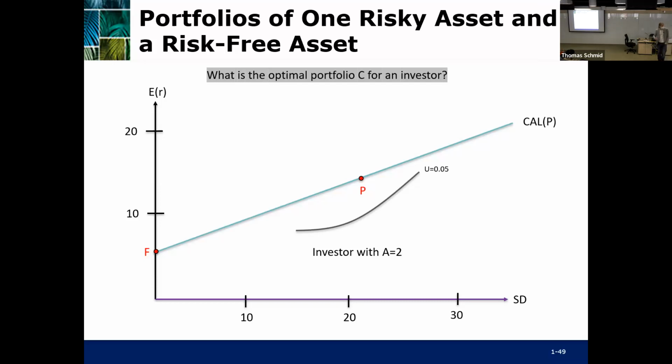Any idea what we could do? Which indifference curve maximizes the utility for this investor? One that is tangent. Right. One that just touches the capital allocation line in a single point.